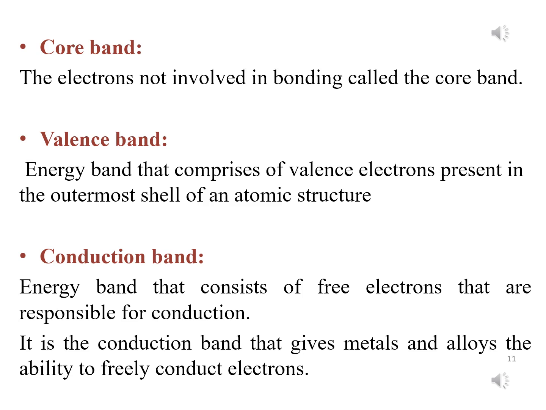So valence and conduction bands are two different energy levels that are separated by a certain amount of energy. There is an energy gap between the valence band and the conduction band, and that gap is known as the energy band gap.